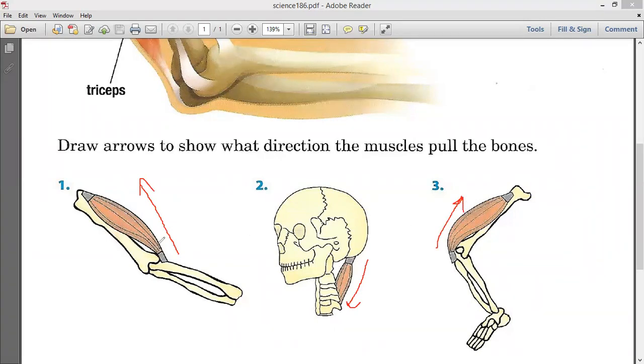So look at this bone. If this muscle pulls it up, this one goes up. That's the reason why you can lift these bones up. This is your arms, it goes up. Now this is your head. If you raise your head, your chin will go up and the back of your bone goes down.